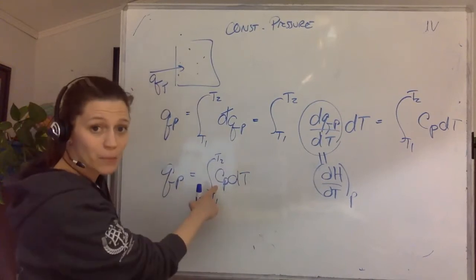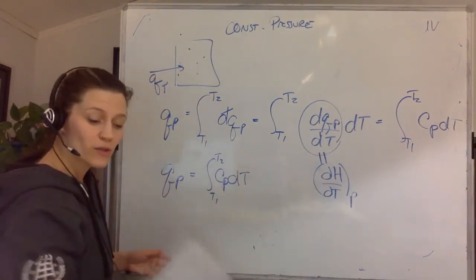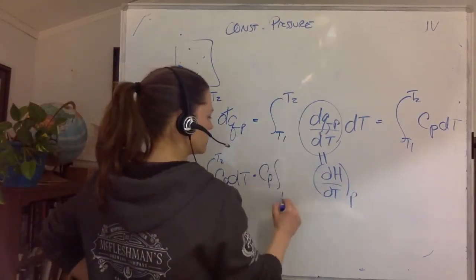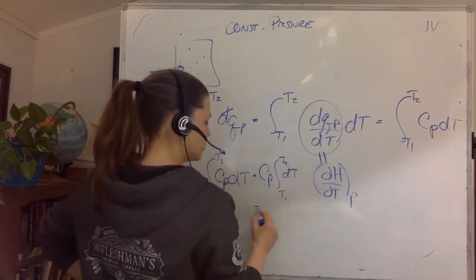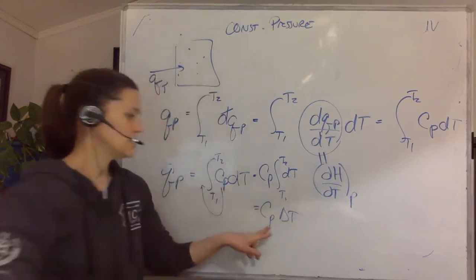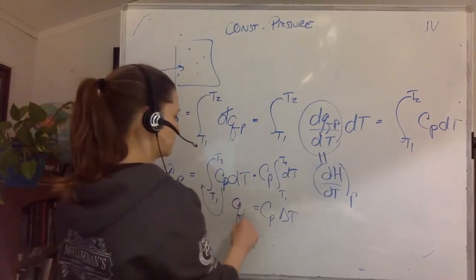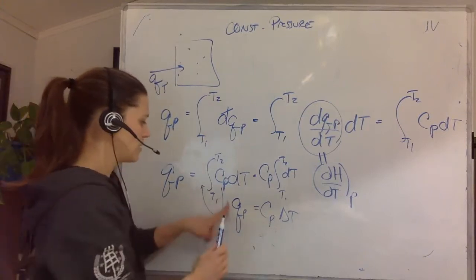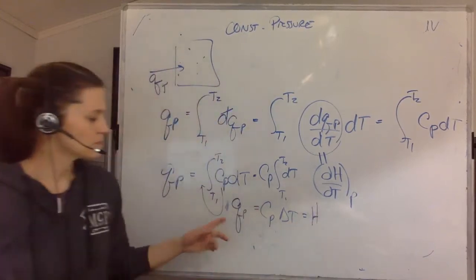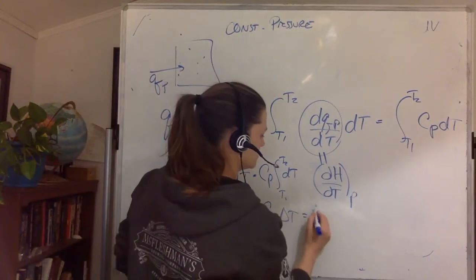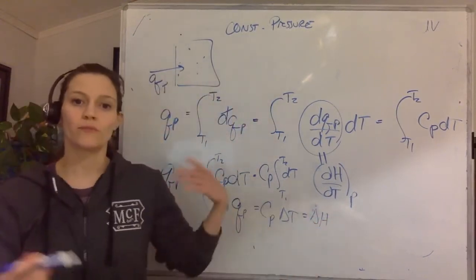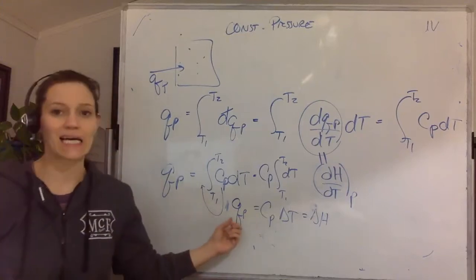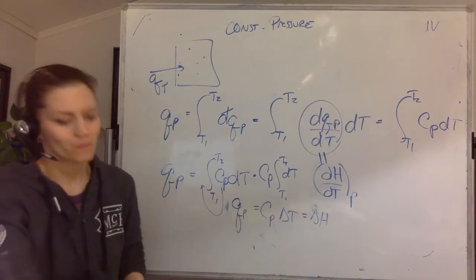If Cp is independent of temperature, which for most of the systems that we'll be looking at, it is, you can take that out of the integrand, which then leaves Cp times the integral from T1 to T2 of dT, which is just your very favorite C delta T. So Q under constant pressure conditions is equal to C delta T, and this would be your enthalpy. Or actually, I should say it's change in enthalpy. And so when you've been dealing with heat up to now, like in Chem 116, you saw MC delta T. Ta-da, there it is. Okay, so there is that.